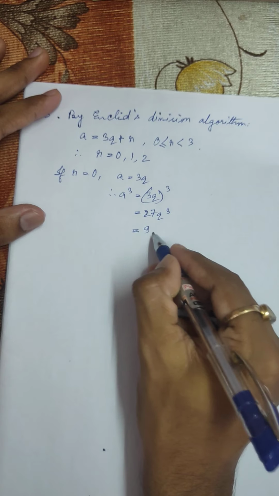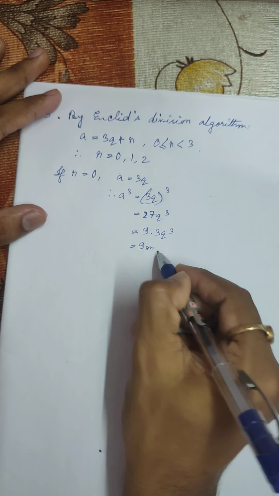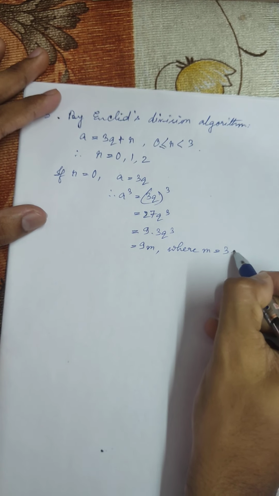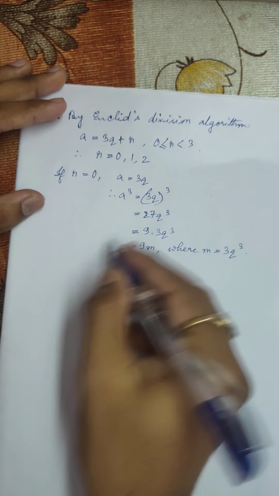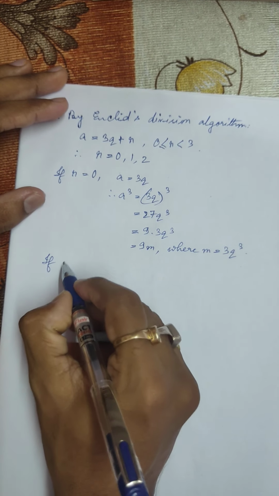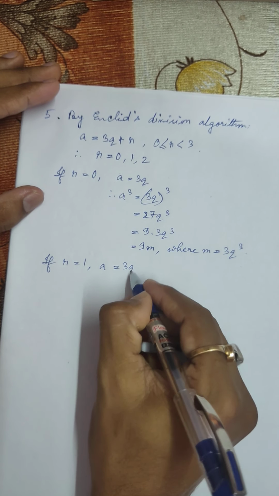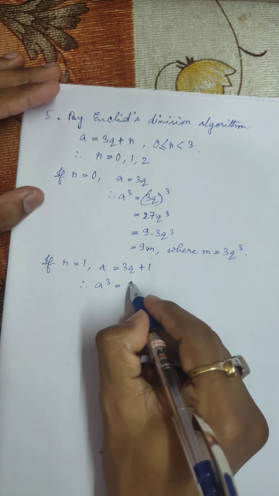So this we can write as 9 into 3q cube. Therefore we can write 9m, where m equal to this, because this is also an integer. If r equal to 1, then a equal to 3q plus 1. Therefore a cube.